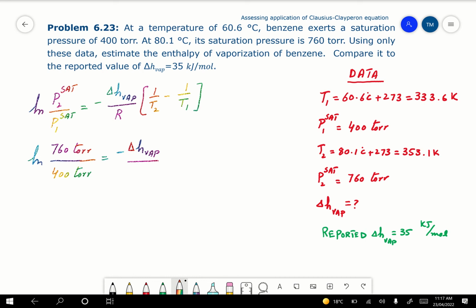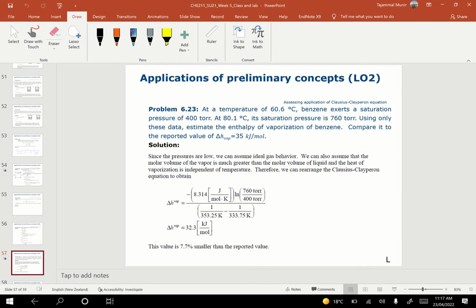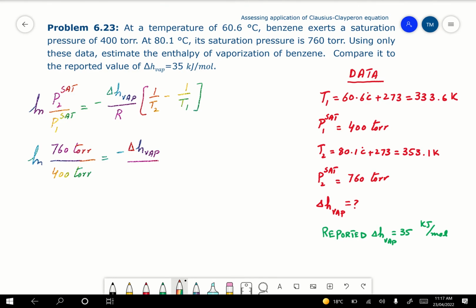And the R value is, I think, let me double check, 0.08314 or 8.314. So let's do this. R can be used as 8.314 joule over mole Kelvin.